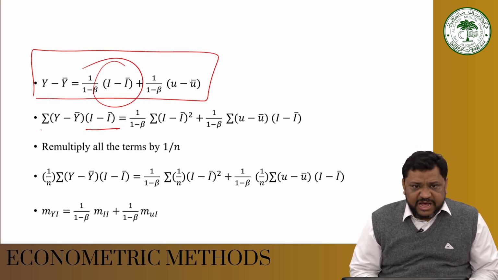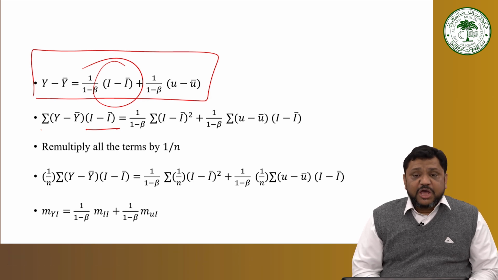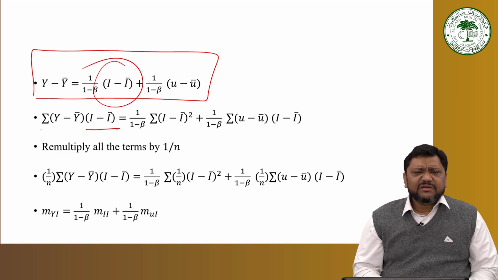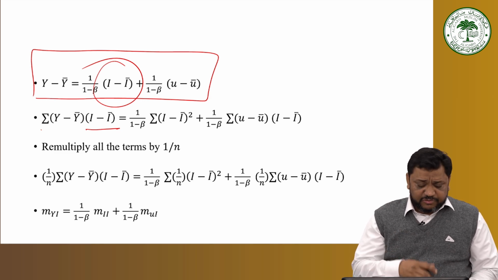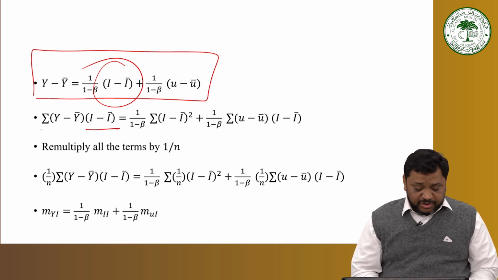So we get summation I minus I bar square plus 1 upon 1 minus beta, you have U minus U bar multiplied with I minus I bar. Then we multiply both the right hand side and left hand side with the value 1 minus beta.